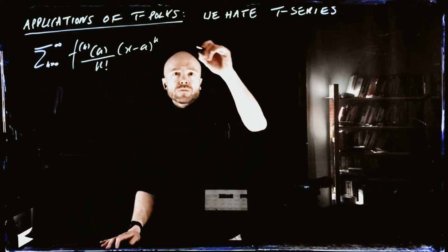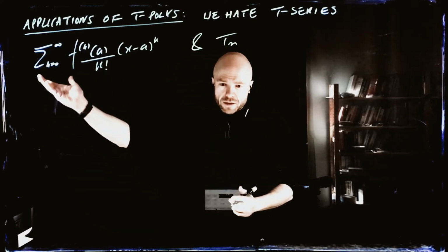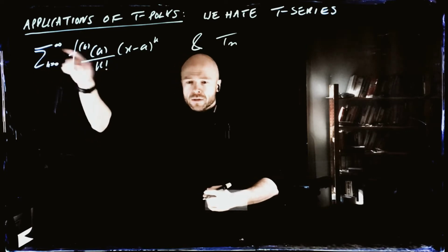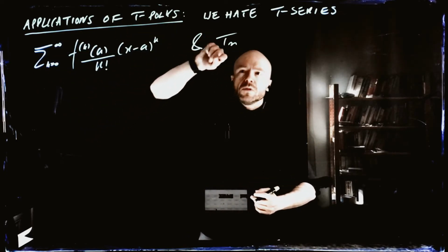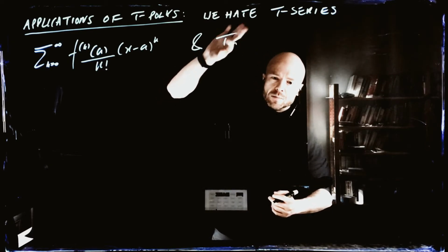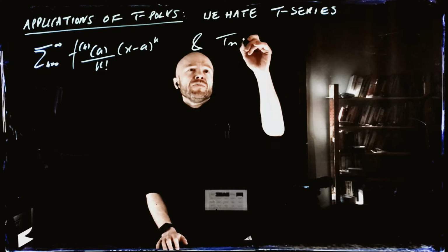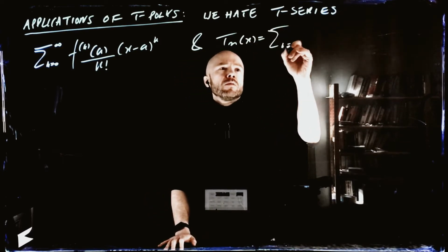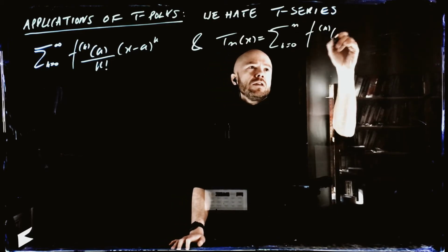And the Taylor polynomial is what happens when we take not the entire series, but just the first whatever number of terms, so that we have an nth order polynomial out of this. So this is the sum from k equals 0 up to n of this.